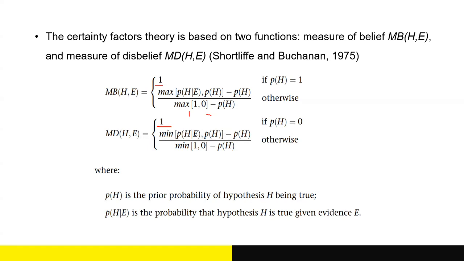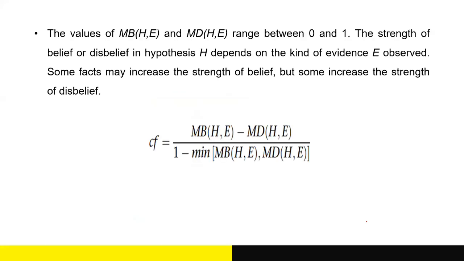So for example, the value of probability of hypothesis given evidence is 1, and then the prior probability is 0. So their minimum is 0. So 0 minus whatever the value, where probability of hypothesis is the prior probability of hypothesis H being true, and probability of hypothesis given evidence is the probability that hypothesis H is true given evidence E.